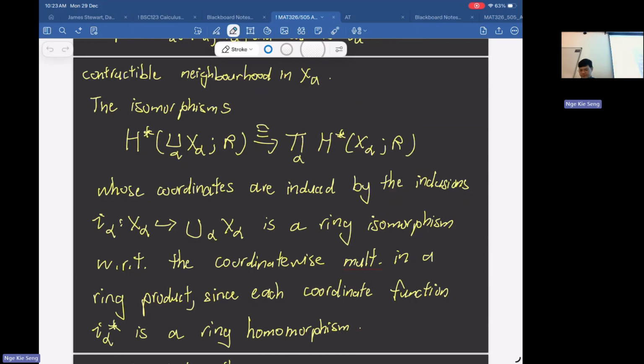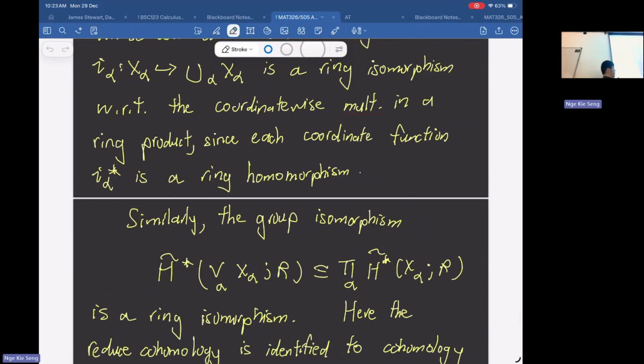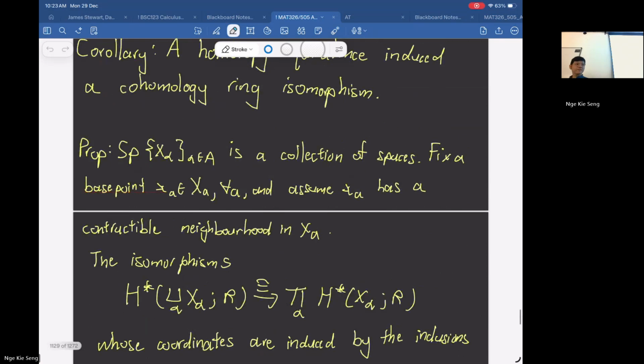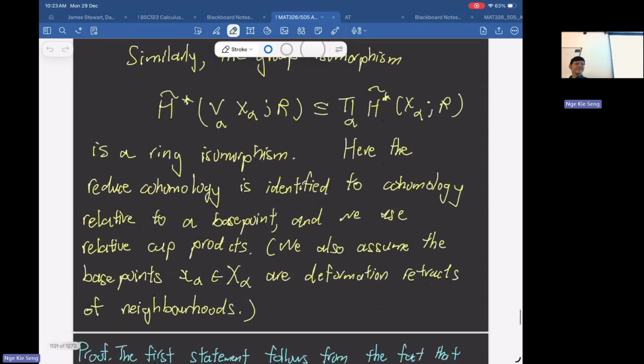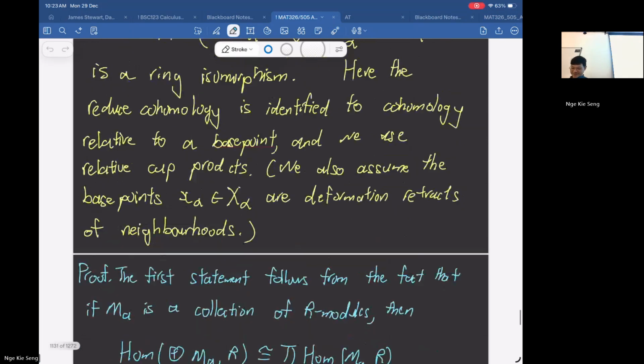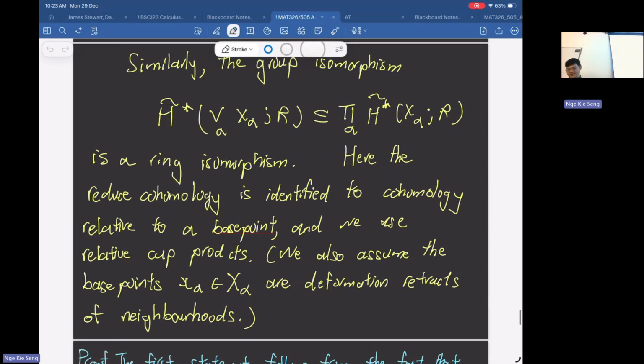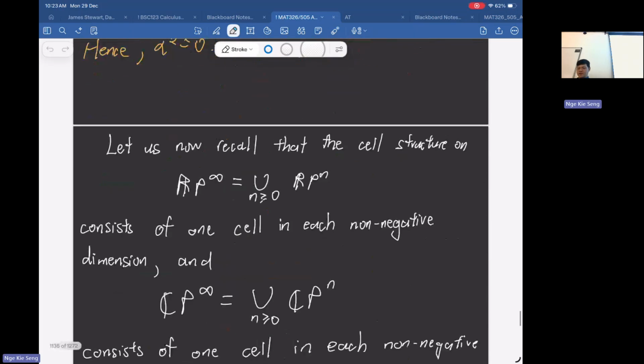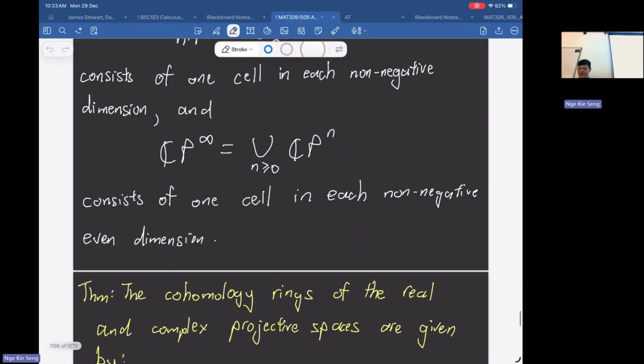And if your space is a wedge sum, the reduced cohomology will split into a direct product of reduced cohomology. Similar result. Skip.